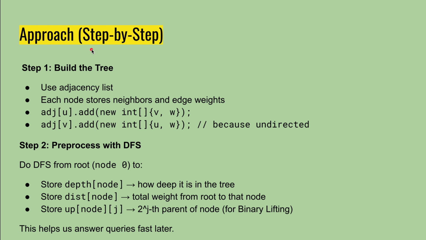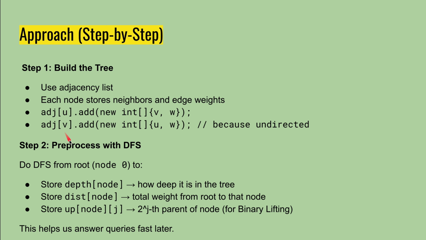If you write the code, what needs to be done? First of all, build the tree. We will use an adjacency list. For each node, we store the neighbor nodes. In the adjacency list at u we add its neighbor: node u has neighbor v with weight w.